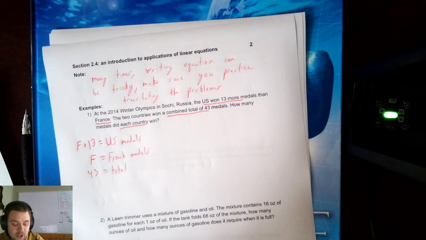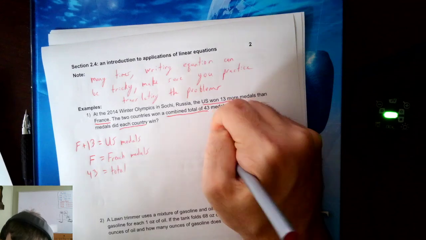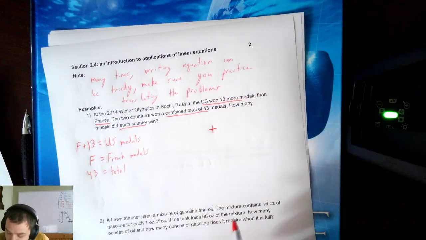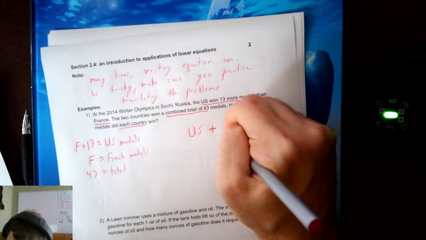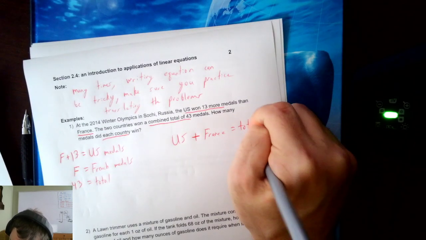Now I need to write an equation representing this problem. Well, the total. To total something, I need to add, right? I need to add the U.S. plus France to equal the total.